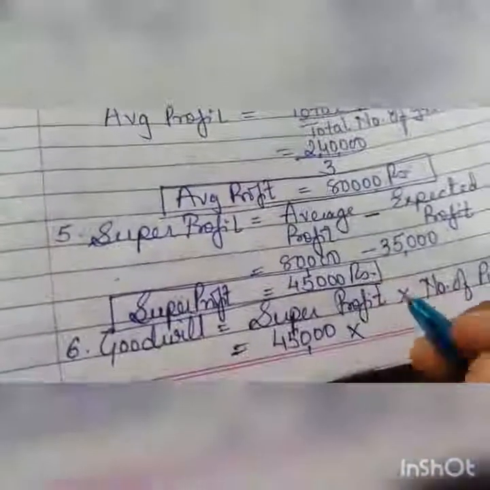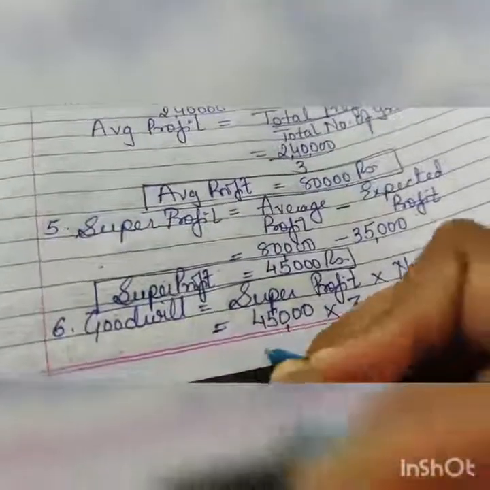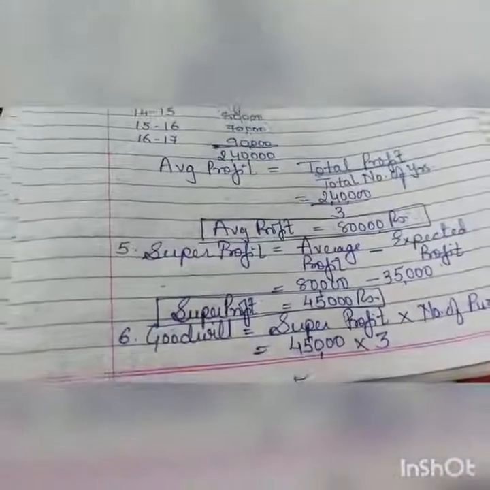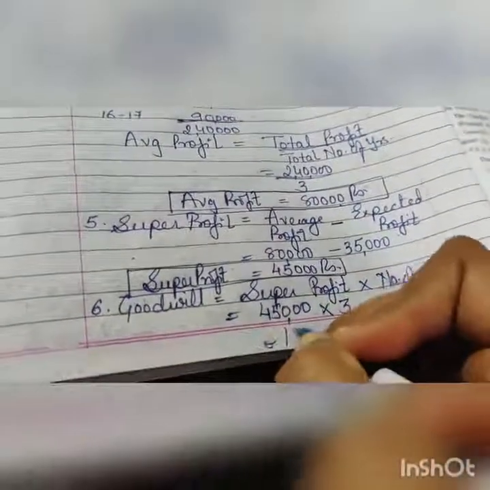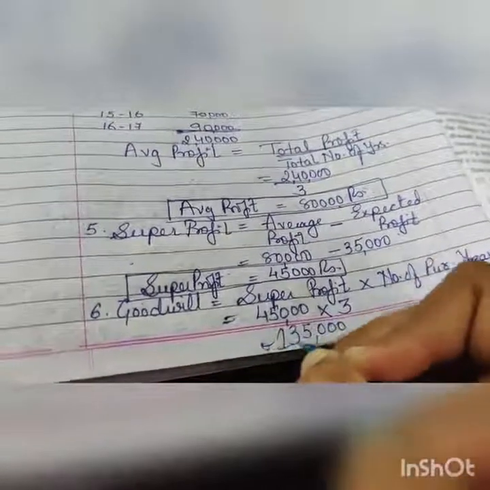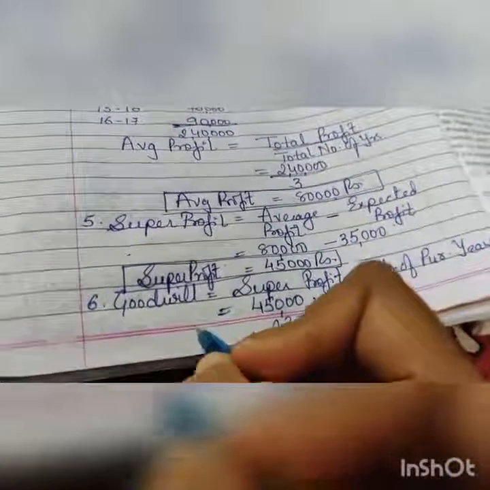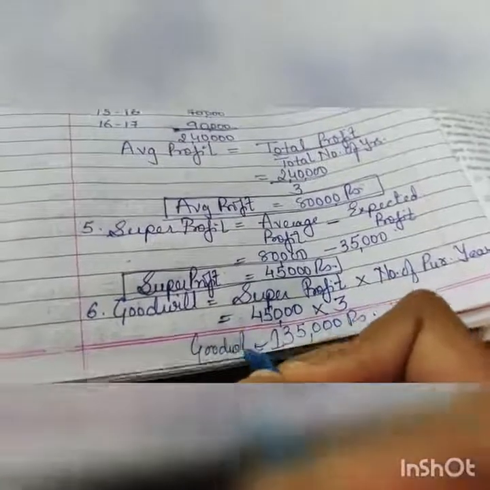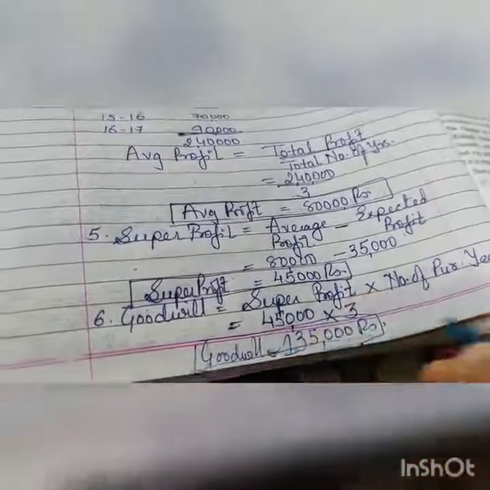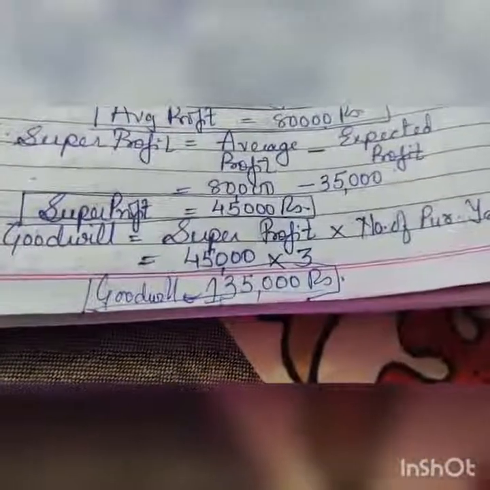So 45,000 multiplied by 3, the answer is 1,35,000 rupees. This is your goodwill. Clear to everyone? This is your answer.